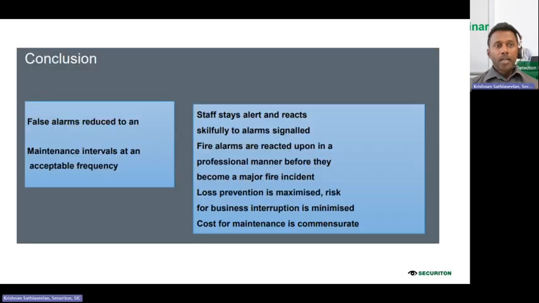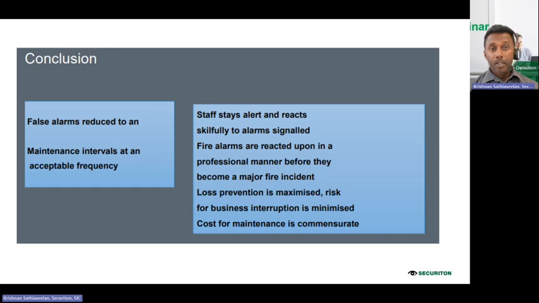With that note, I'm going to my conclusion for today: why we need to use beam detectors. It is to reduce false alarms, and they are easy to maintain. As you can see, we can install up to 8 beam detectors and control them from the controller.